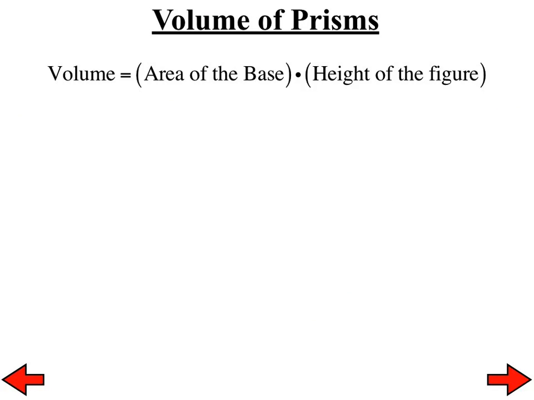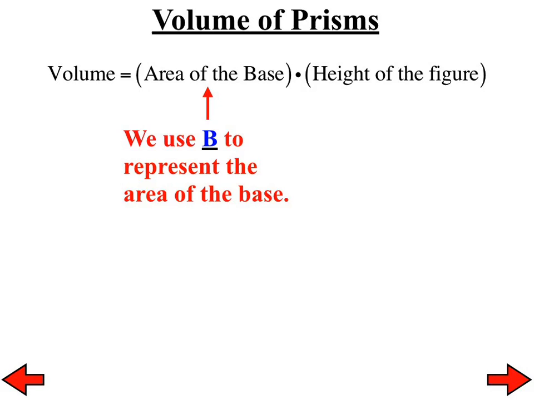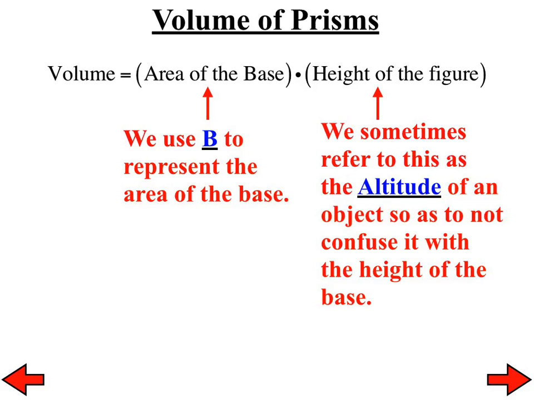So to find the volume of prisms, here's what you should be doing. And this is where you need to start filling in things in your notes. We're going to always find the area of the base, whatever that happens to be. And we typically use capital B to represent the area of the base. And we multiply that by how tall the figure is, or the height. And we typically use the word altitude to represent that so we don't confuse, for example, the height of an object with something else.